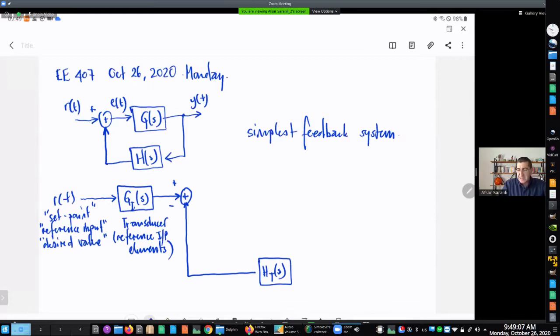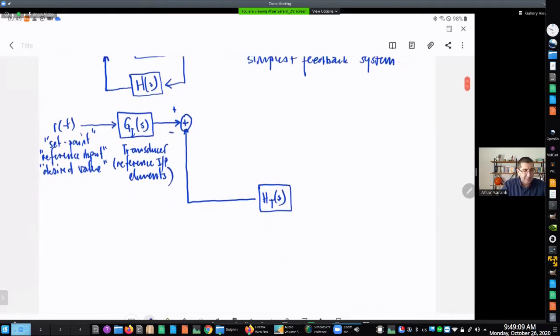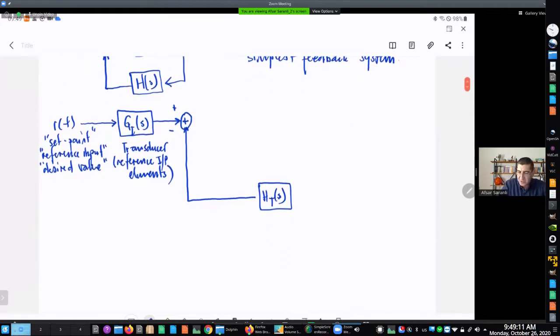So this again is some kind of a measurement transducer. For example, if it is again an angular variable that we are measuring, it can be a potentiometer. In fact, potentiometer is very widely used.